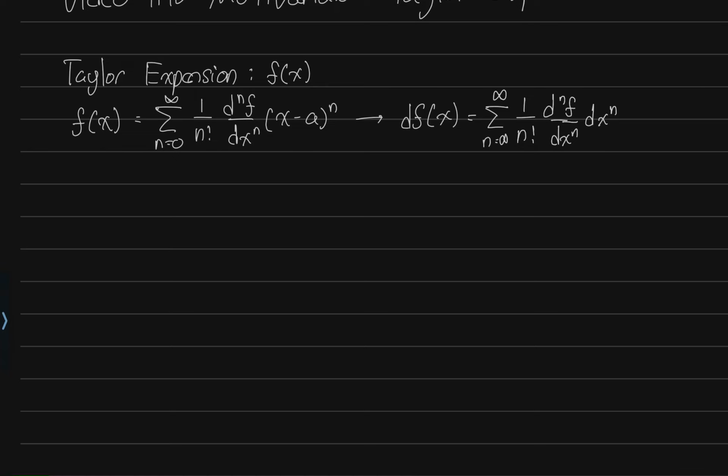Now, if we want to talk about a multivariable system, we're dealing with two or more parameters, x and y.